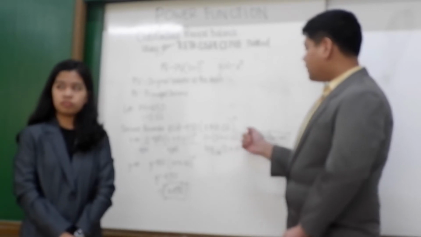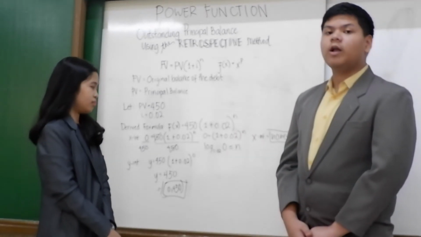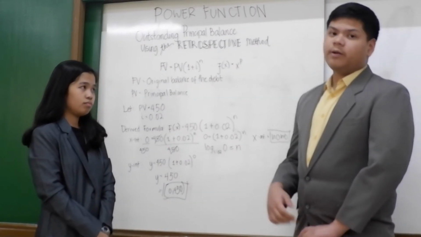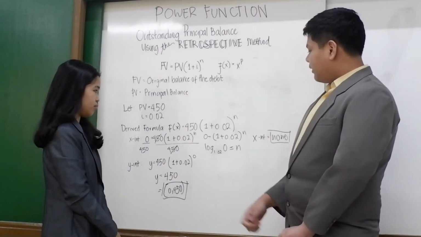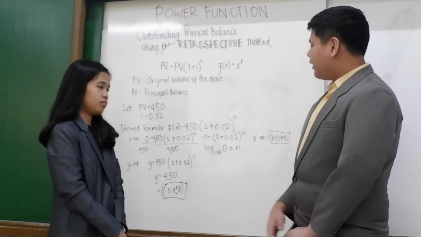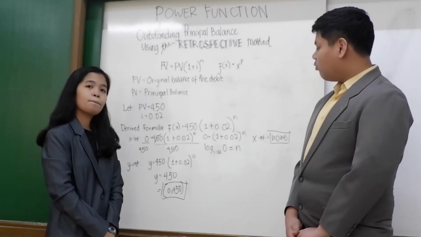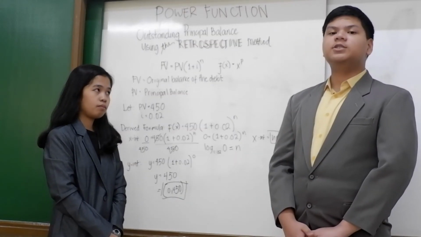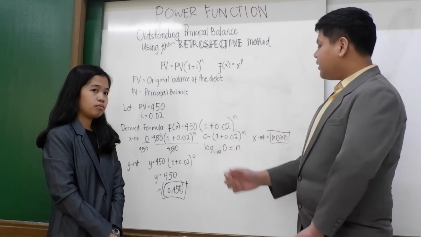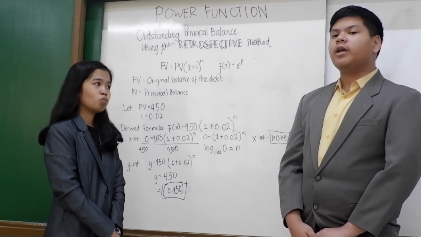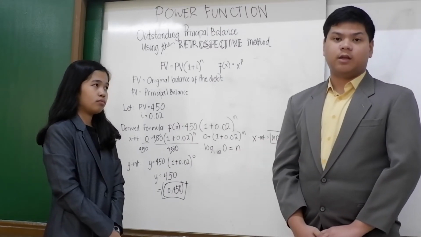So the result was 0 is equal to quantity 1 plus 0.02 raised to n. Then we made it into logarithm. So it is now logarithm 0 base 1.02 is equal to n. But as you can see, using this formula will result to undefined. So that's why our x-intercept is none.